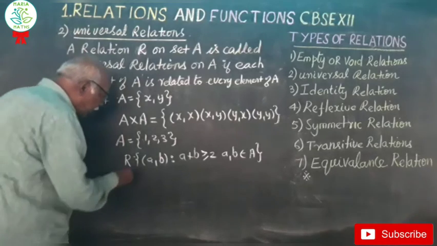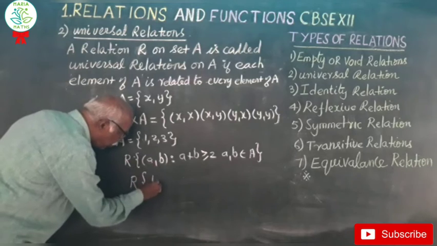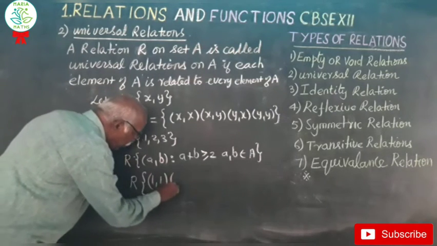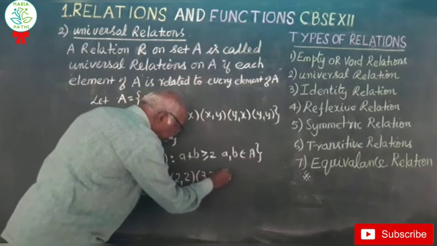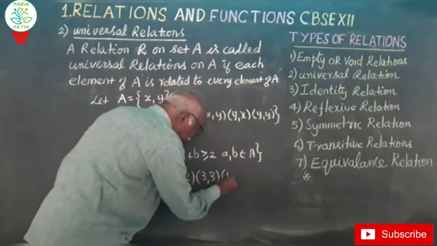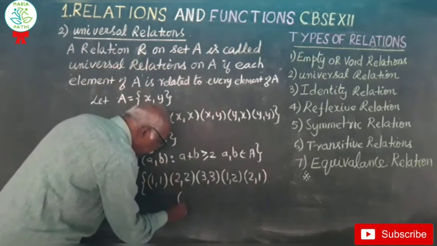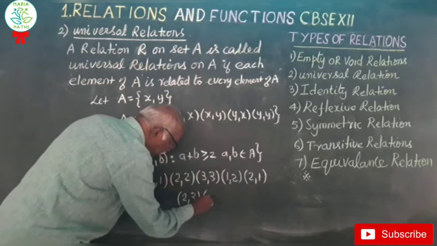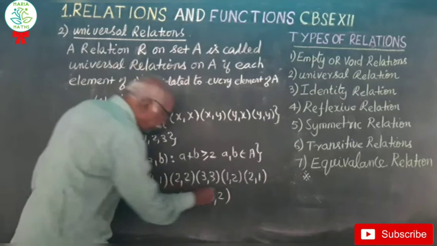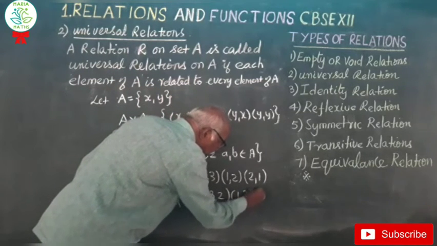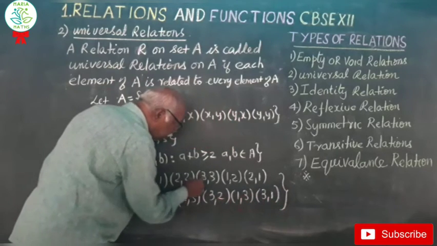Therefore, the possible ordered pairs in the relation are first 1,1; 2,2; 3,3; 1,2 and 2,1; 2,3 and 3,2; 1,3 and 3,1.